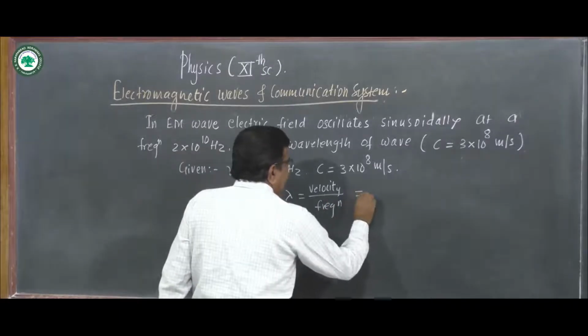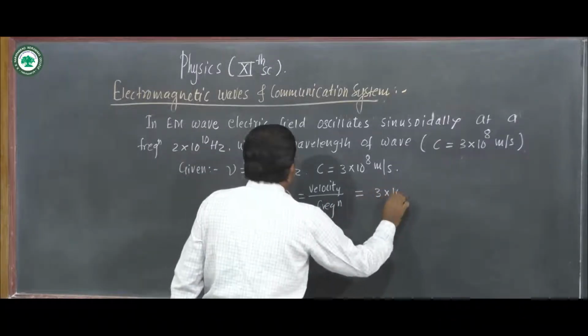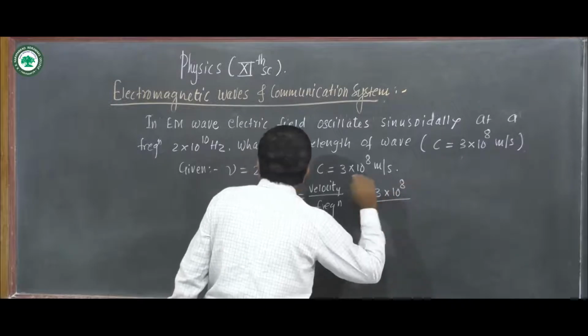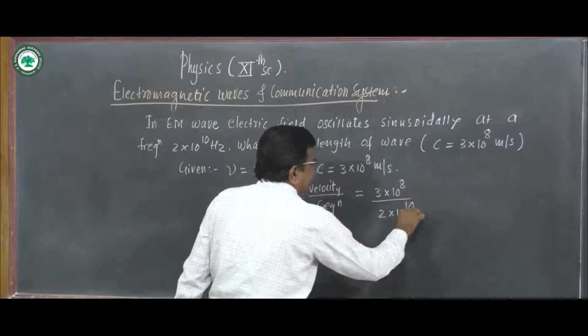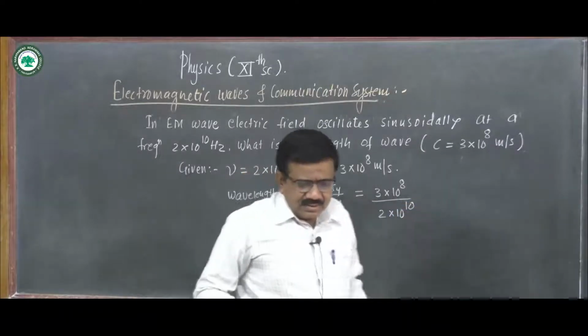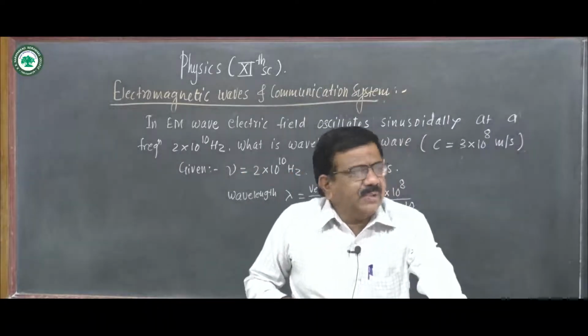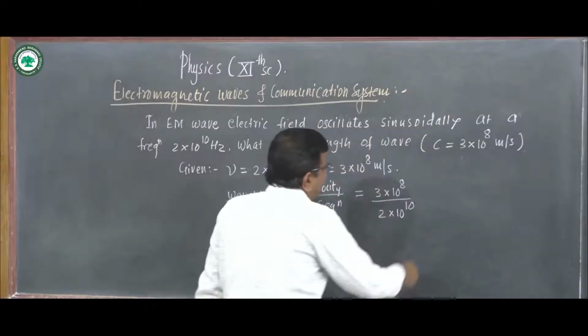That is 3 into 10 raised to 8 divided by 2 into 10 raised to 10. That is 1.5, 3 upon 2 is 1.5.